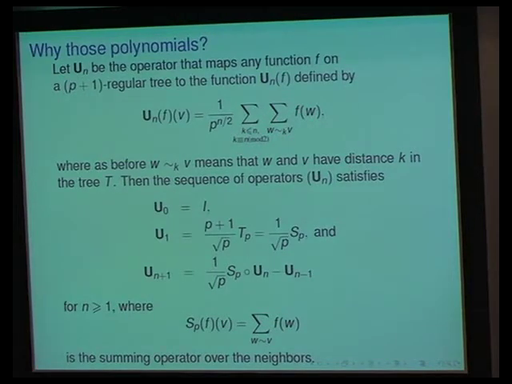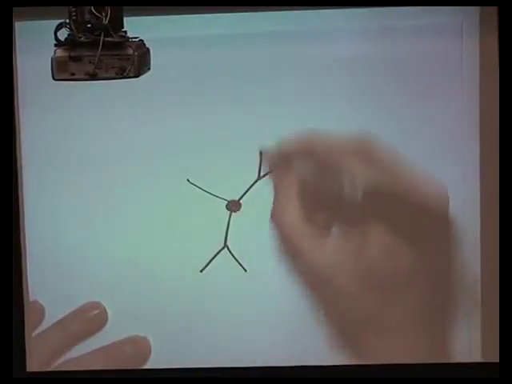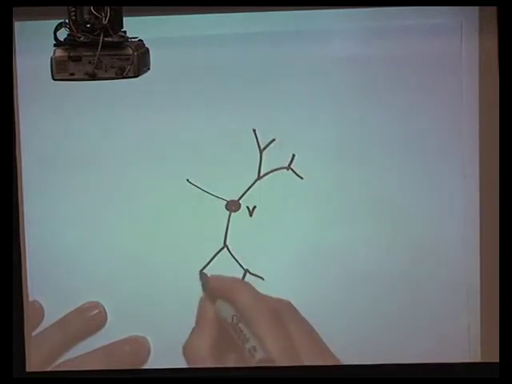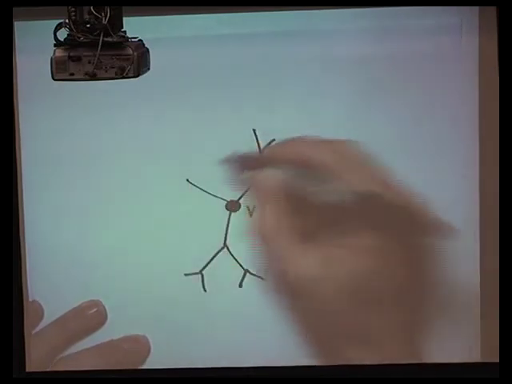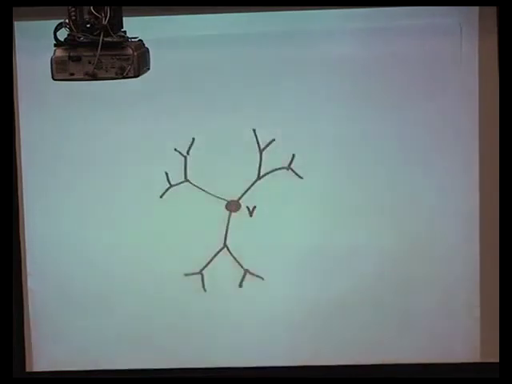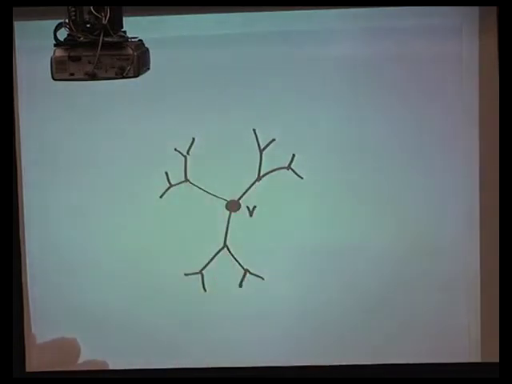So that looks horrible. What does it mean? Let's draw it again, for p equals 2. For p equals 2, we have this p plus 1 regular tree. That's the vertex in the middle. That's v. Right, and then it continues. If n is equal to 1, all we are doing is we're summing over the neighbors. So then it's the classical Hecke operator.